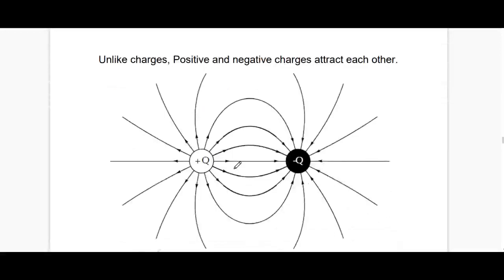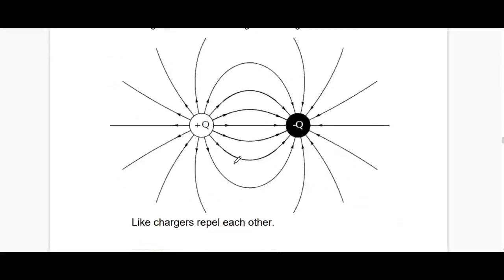Another thing that you have to look at is the field between two charges. If I have a positive and a negative, remember that positive and negative attract each other, and that the field of a positive charge goes outwards and the one of a negative charge goes inwards.